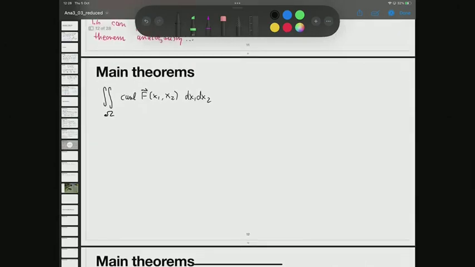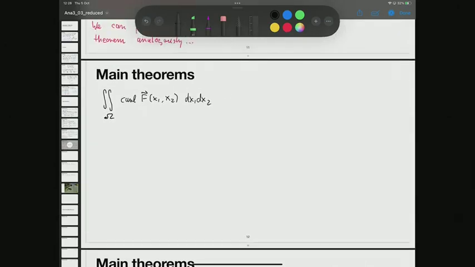But instead, let's do the following trick. Namely, I can also write it as the integral over omega, well, just by definition, that's del 1 of the second component minus del 2 of the first component. Just writing down the definition of the curl.